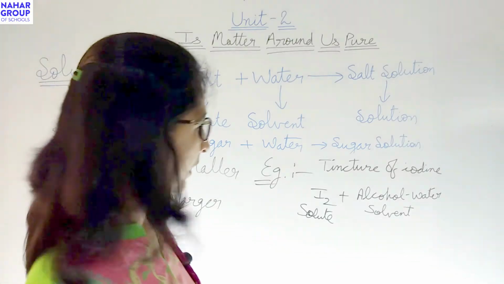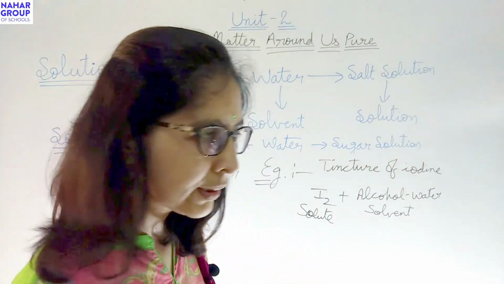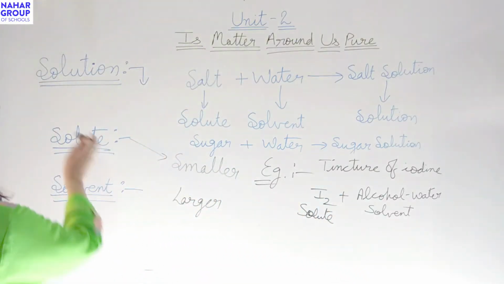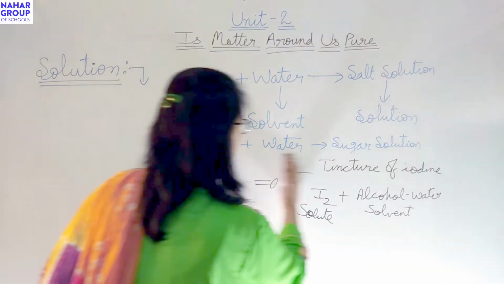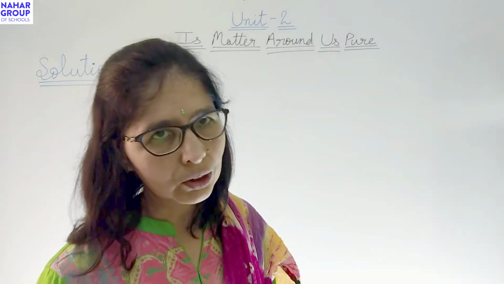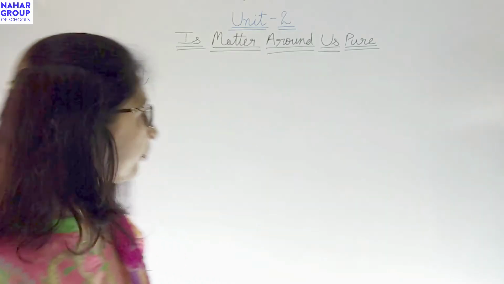It means a solution has two components, one is solute, another is solvent. Solute is present in the smaller amount and solvent is present in the larger amount. The minor component of the solution is solute and the major component of the solution is solvent.